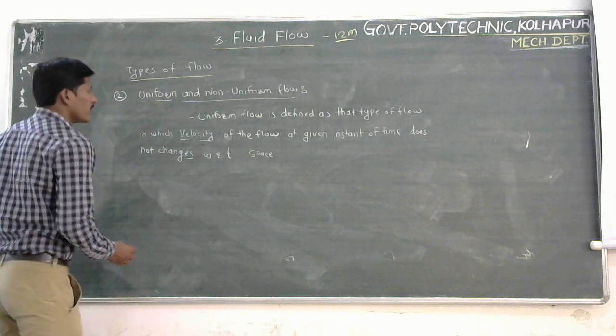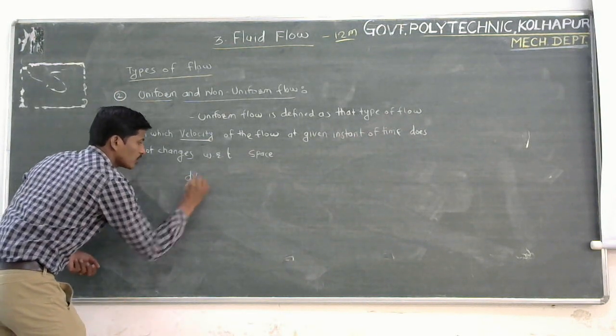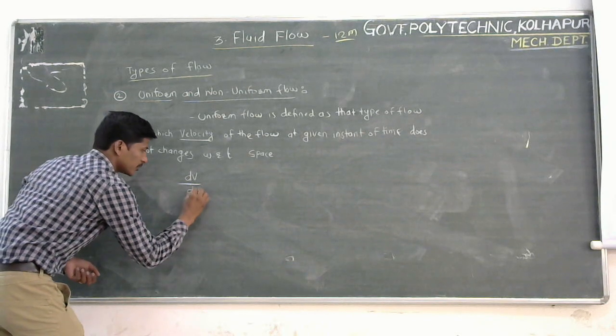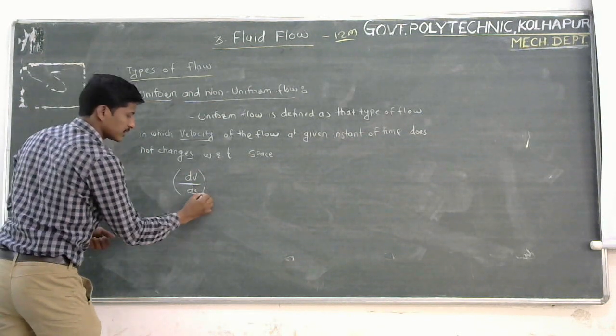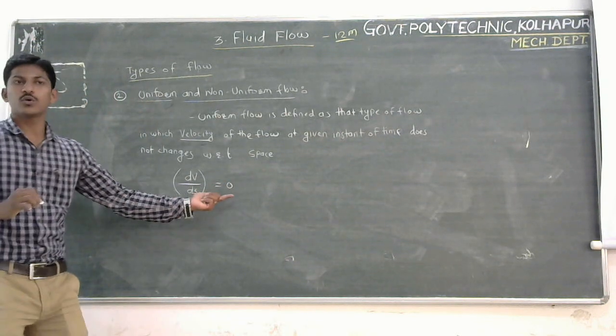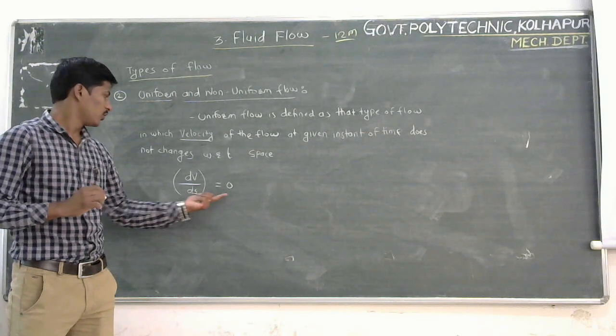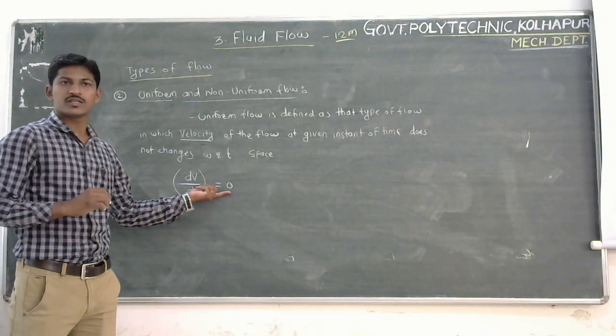So mathematically how can we write it? The rate of change of velocity with respect to space is equal to 0, so we can represent this as ∂v/∂s must be 0.